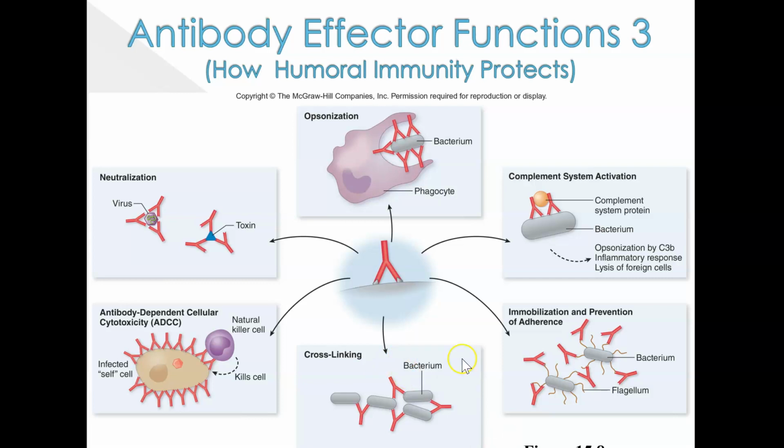In a similar fashion to cross-linking, this immobilization can happen on its own. It's not just a phagocytic function through cross-linking: in this case, it's binding to the flagella of this bacteria, and that's not allowing the flagella to move. And of course, if a bacteria is motile, making it non-motile is really going to hurt its chances.